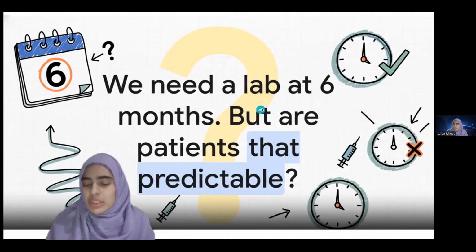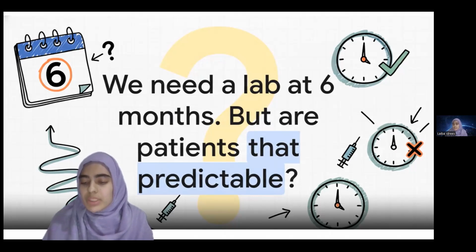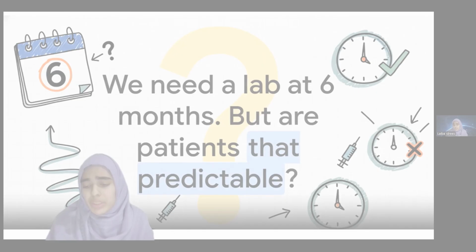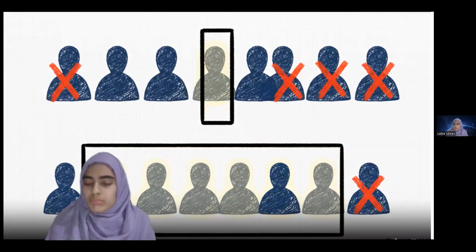Hurdle number two is completeness. The doctor wants to know if blood sugar improved at exactly 6 months, but are patients predictable? The answer is no. Patients come late. They miss appointments. If we require lab results at exactly the 6-month mark, we might lose 90% of our patients.